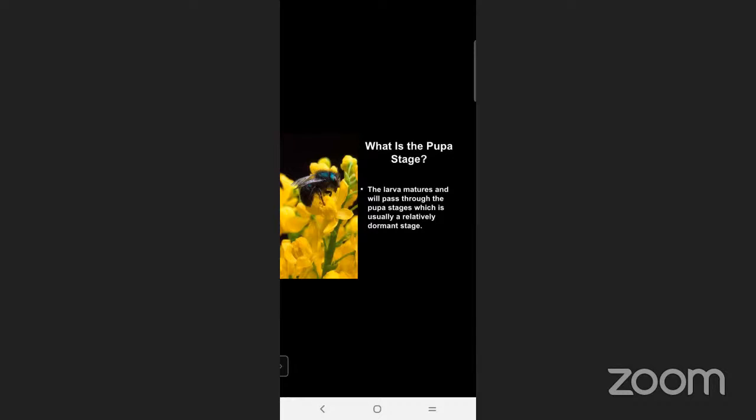The metathorax region will have the other pair of wings. Is it clear? Yes, ma'am. The prothorax region never bears any wings. They bear two pairs of wings, which are attached to the meso and metathoracic regions.